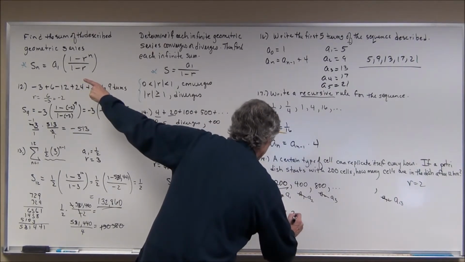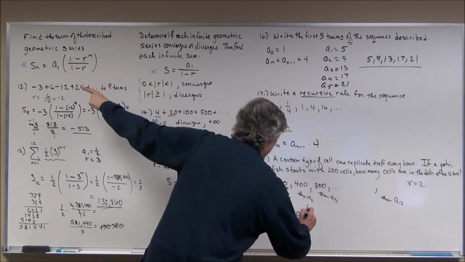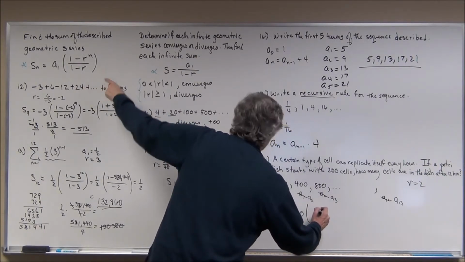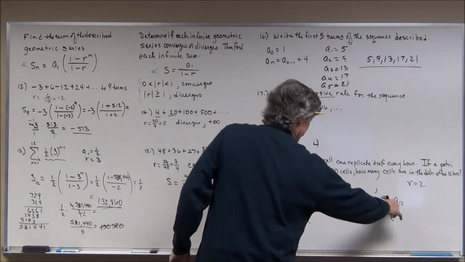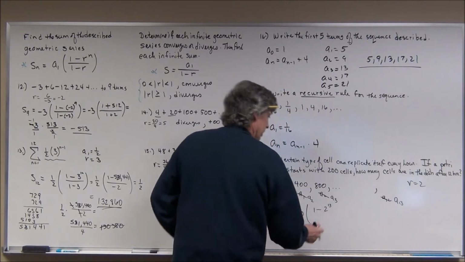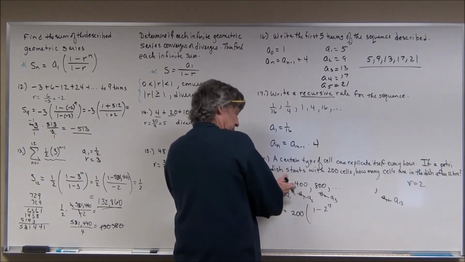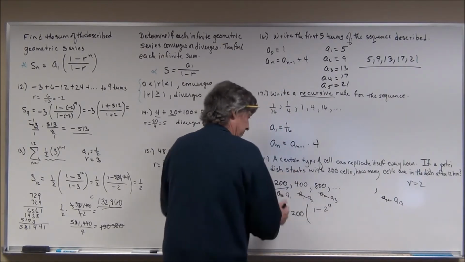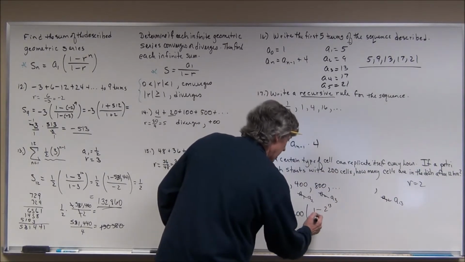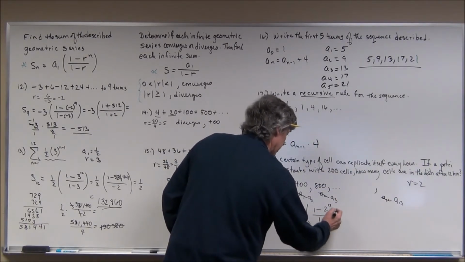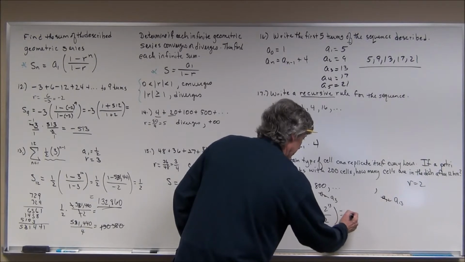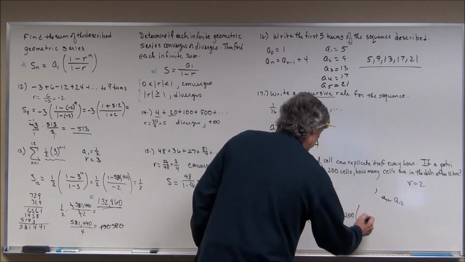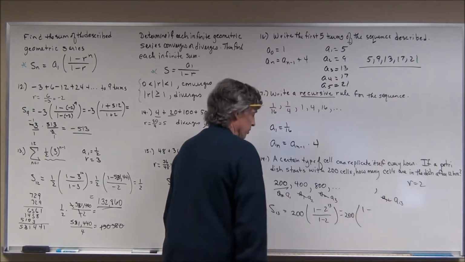So this is 200 times the quantity of 1 minus 2 to the 13th power. Because this counts. You've got 200 to start with, so you've got to count him as one of the terms. All over 1 minus 2. Holy smokes, I didn't have enough arithmetic to do. 1 minus 2 to the 13th.